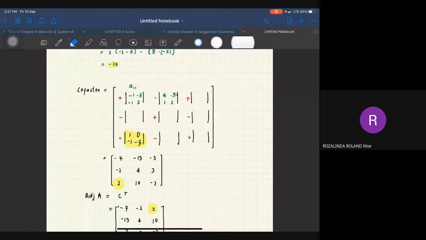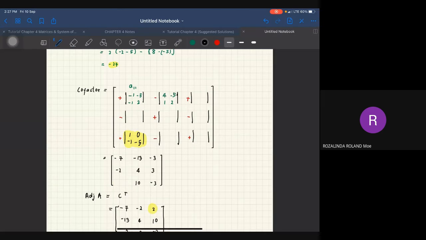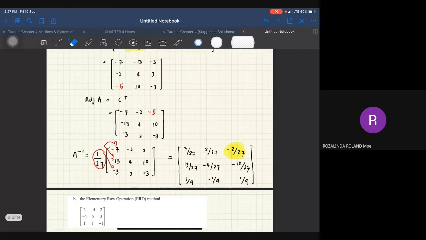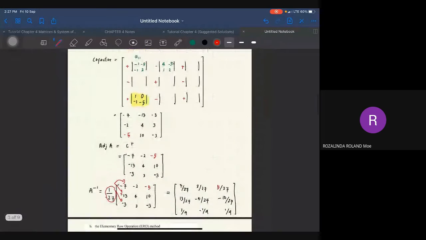So you have negative 5 over here. Okay, and then this one as well. Dan akhir sekali. Kat sini akan jadi 5 saja. Betul ke? Is this correct? Betul, Miss. Alright.